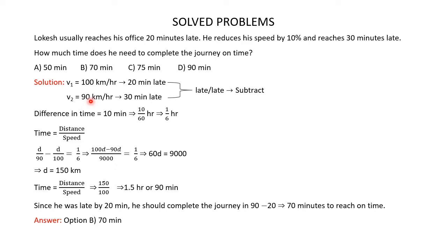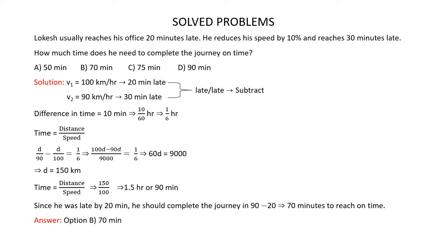In the second instance, speed is 90 kilometers per hour. So time is d divided by 90. We know that the difference in time is 1 by 6 hours. So d by 90 minus d by 100 is equal to 1 by 6. On solving this, we get d is equal to 150 kilometers.